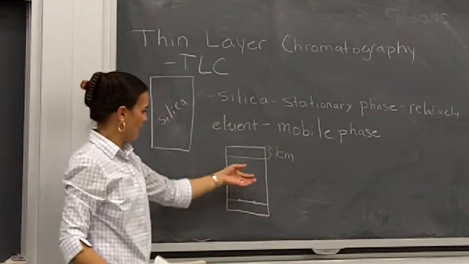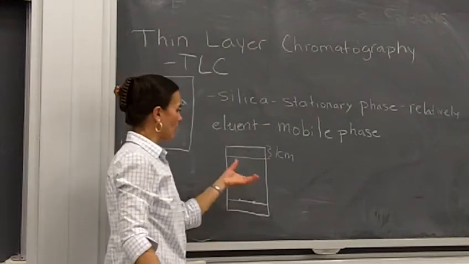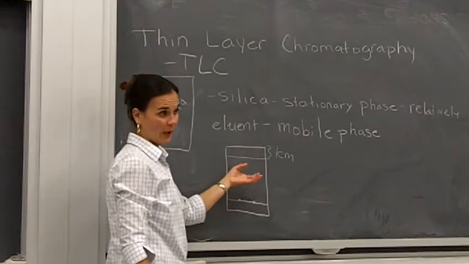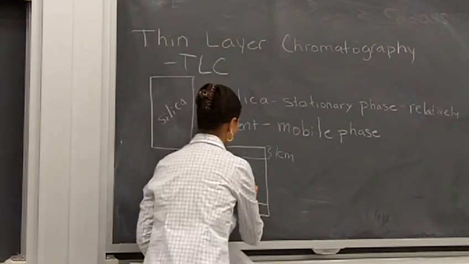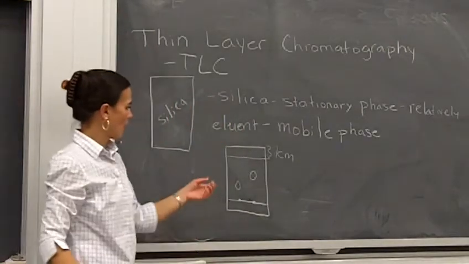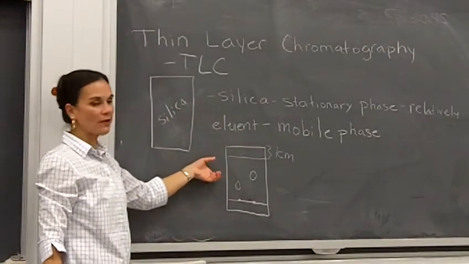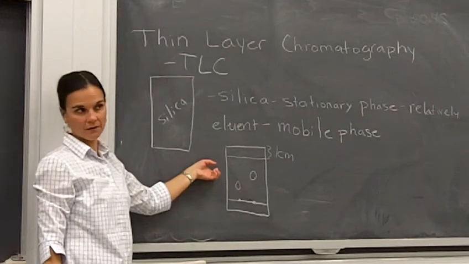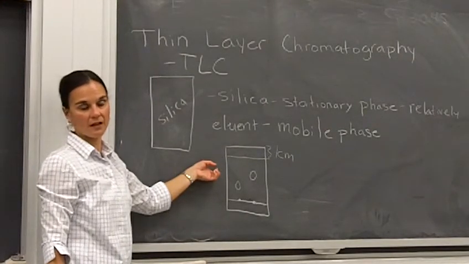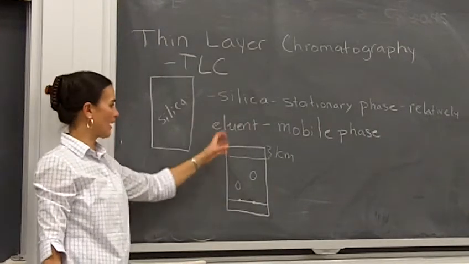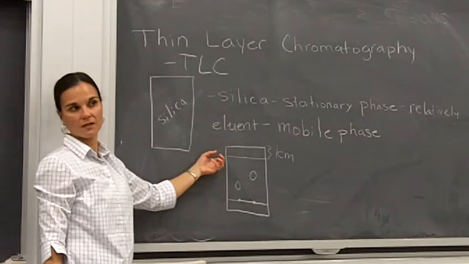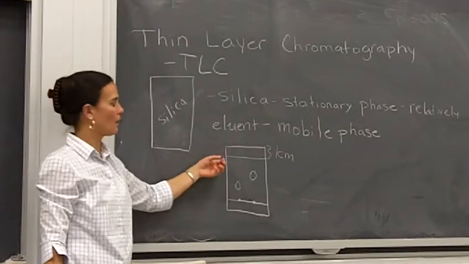We take it out of the chamber and look at what's on there, say two different spots. The way we visualize what is on there is with UV light. There's a dye on the plate that helps fluoresce UV active compounds so we can see them, okay?